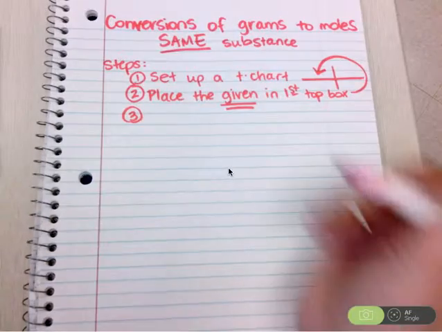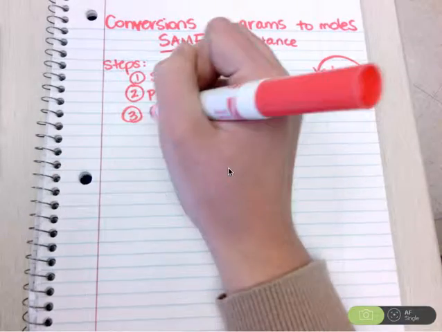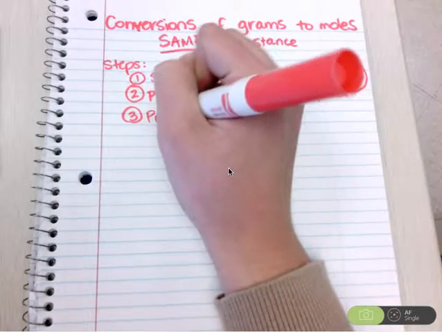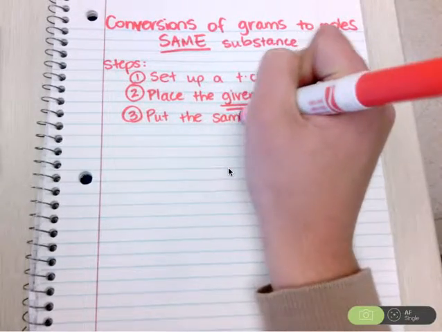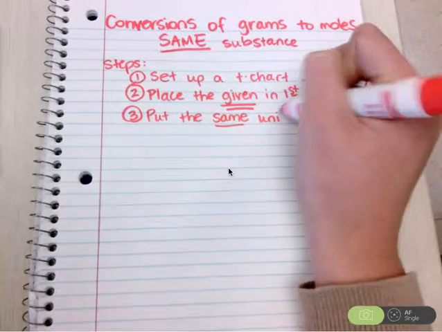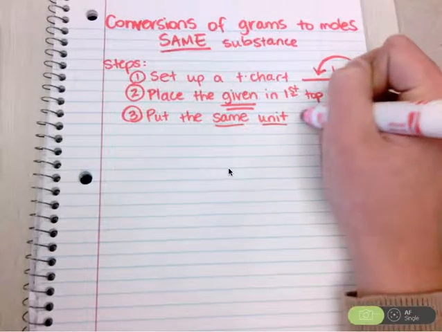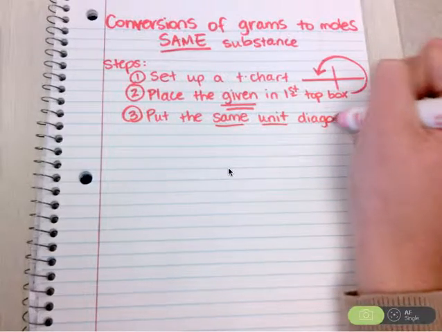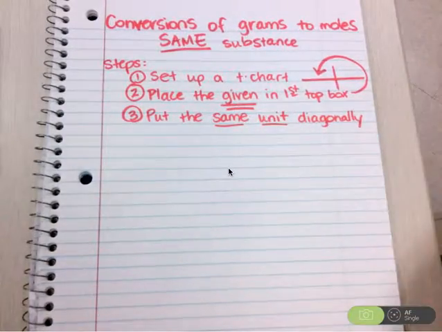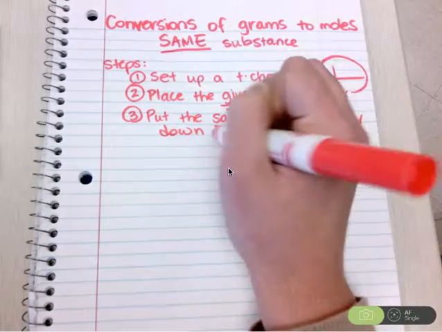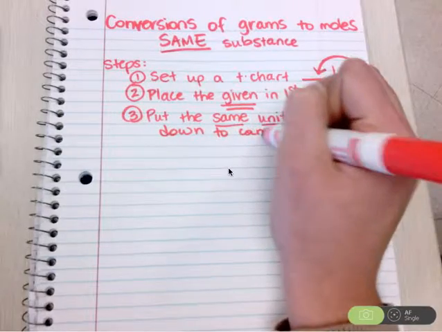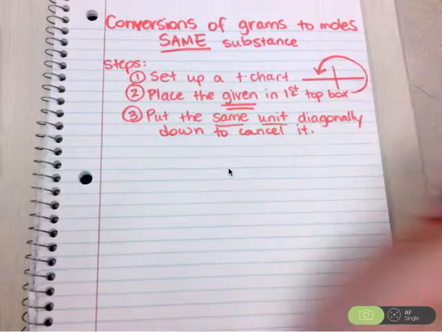Step 3 is to put the same unit diagonally down to cancel it.